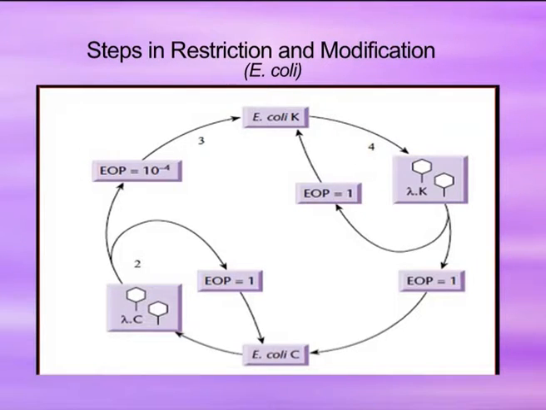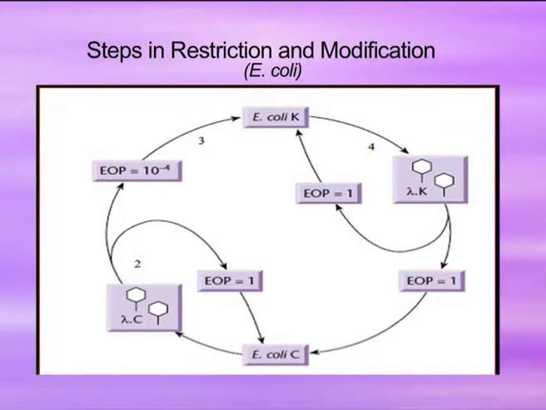Why is it so? Because the DNA present within the cell of strain C is modified because of certain enzymes there. However, when we collect the phages and plate them on strain K, they become restricted by strain K.